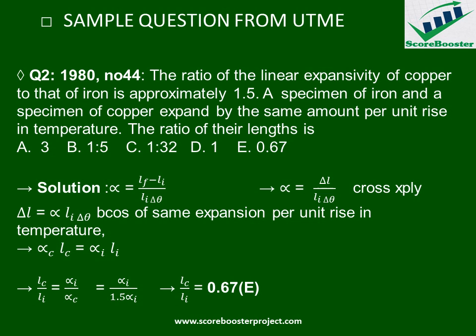Therefore, if we denote the change in length of copper by alpha C times LC, while that of iron is alpha I times Li, by the time we equate it, since they share the same temperature rise, then delta theta will be cut out.